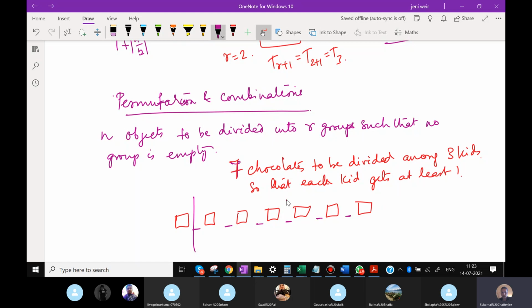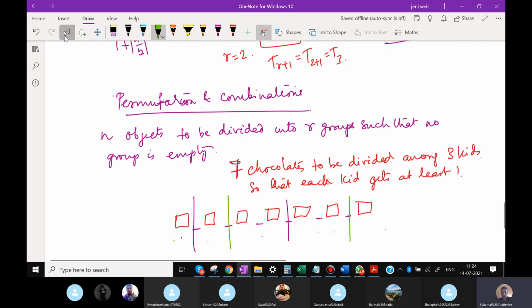So suppose I put it here. That means I have divided this into 3 groups where the first kid gets 1, the second kid gets 3, the third kid gets 3. I could have also put the first barrier here, the second barrier here, and that would have divided into 3 groups where the first kid gets 2, the second kid gets 4, and the third kid gets 1.